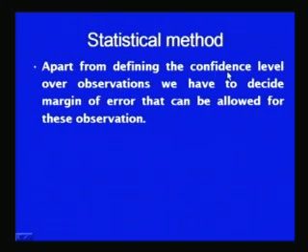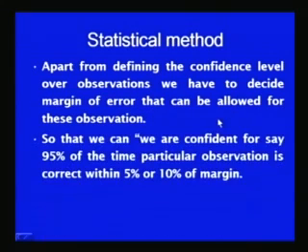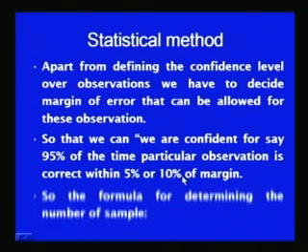Apart from defining the confidence level over the observation, we have to decide the margin of error also that can be allowed for these observations, so that we can say that we are confident for saying that 95% of the time a particular observation is correct within 5 or 10% of the margin.